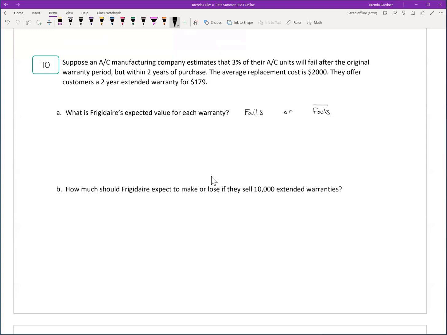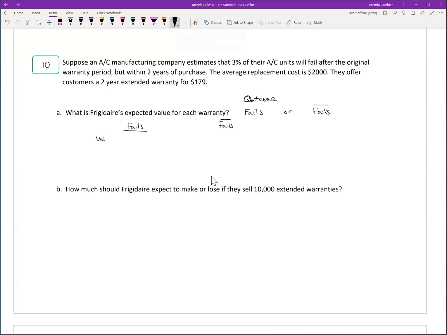So those are your two outcomes. And so what I want to do is figure out what happens money-wise if it fails. So let's talk about fails and not fails, which we can put a line over the top, means do not fail.